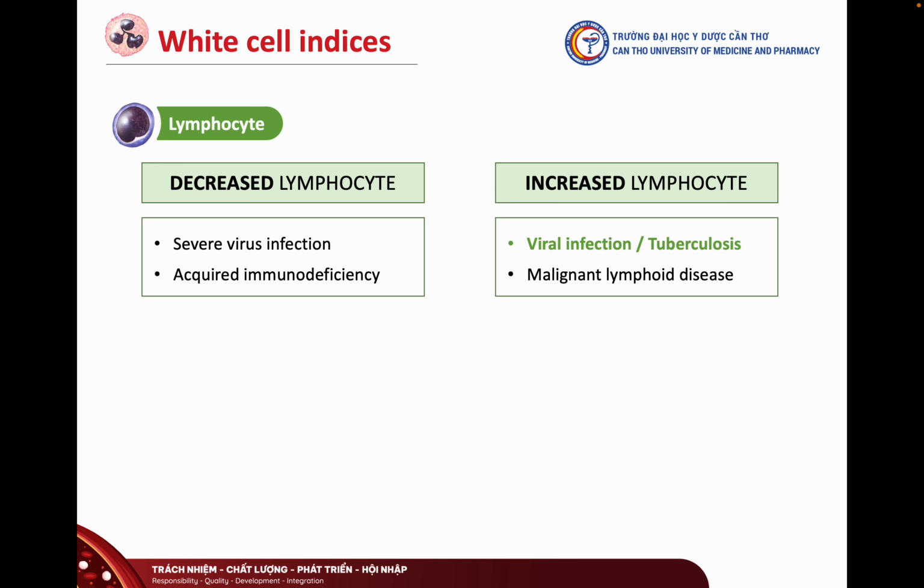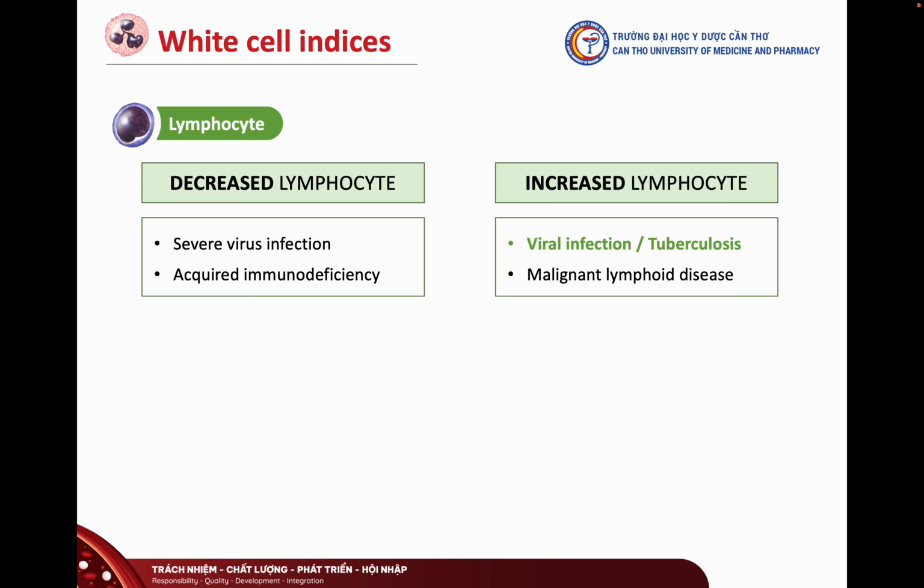And don't forget about malignant lymphoid diseases, such as chronic lymphocytic leukemia, CLL, which can also lead to lymphocytosis. On the other hand, lymphopenia, or a decrease in the lymphocytes, does occur in some conditions like HIV or severe infection, but these are less commonly seen in routine blood tests. I won't go into detail here.